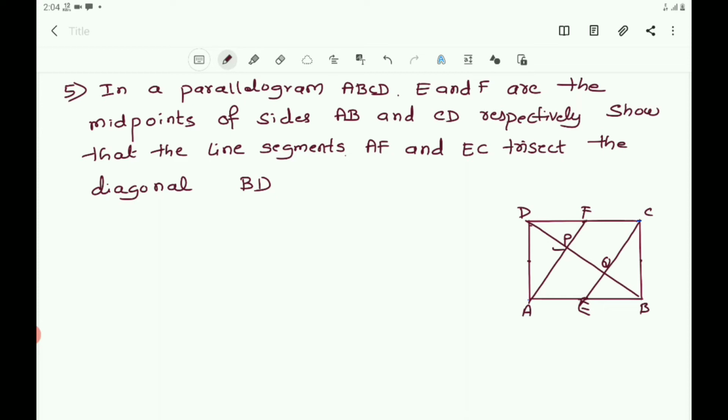Now let us write what is given here. Given, ABCD is a parallelogram.